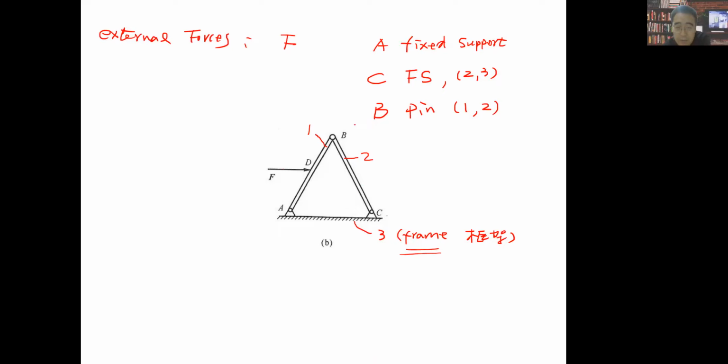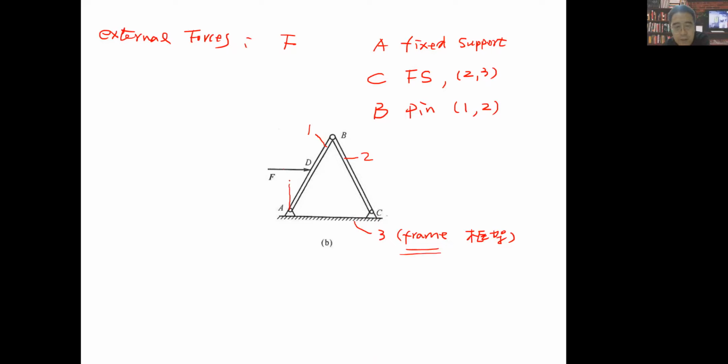So we can think about that this whole bar AB and bar BC is fixed at points A and C. So it has a relationship with the frame or the ground. So when we select the whole part as the object to be studied, we should think about removing this constraint here and this constraint here.